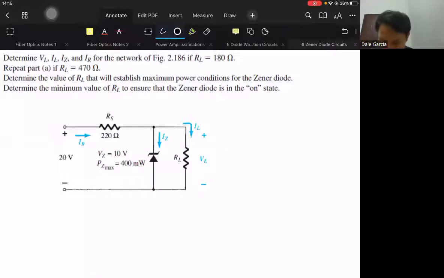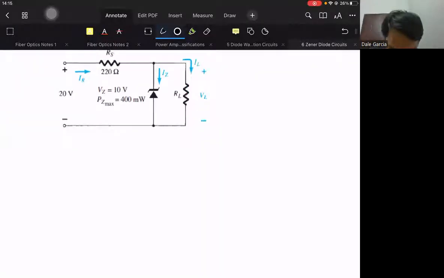So let's start with case 1, where RL is 180 ohms. We have a source of 20 volts DC.